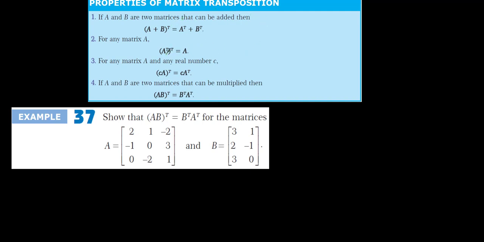If you take the transpose of the transpose, you get the main matrix again. And a scalar term does not affect the transpose operation. And this is the last one, and maybe the most important: A times B transpose should be equal to B transpose times A transpose.